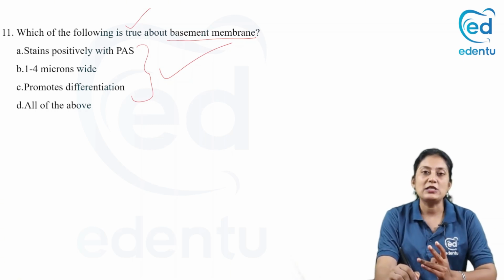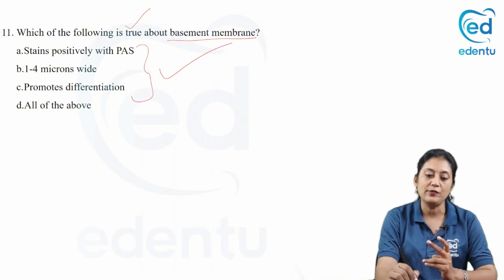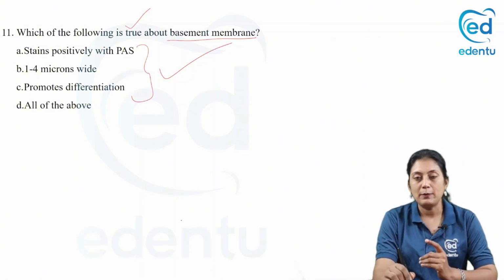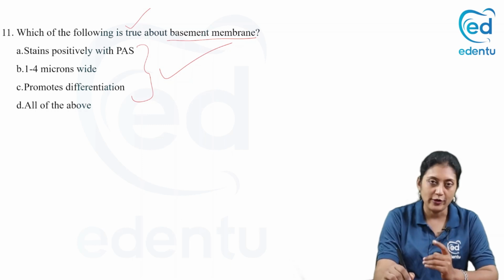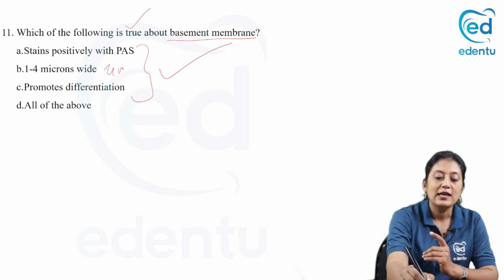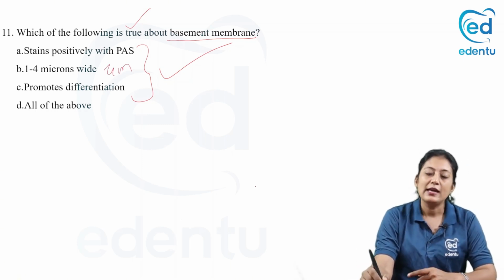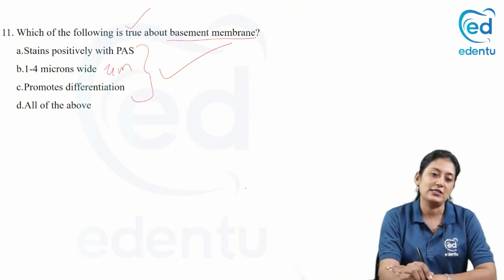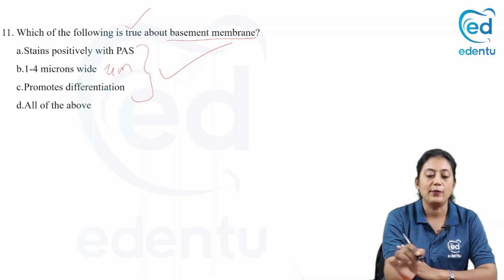The special stain that can be used for staining basement membrane is periodic acid Schiff, in short called PAS. The average thickness of a basement membrane under light microscopy is 1 to 4 micrometers. The function of basement membrane is that it serves as an attachment between epithelium and connective tissue, and it also promotes differentiation of cells. So all of the above is the right answer.